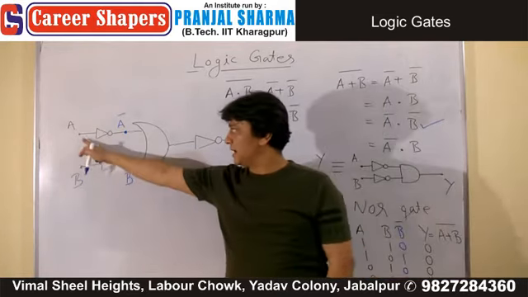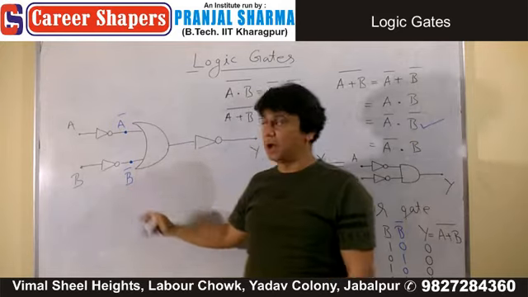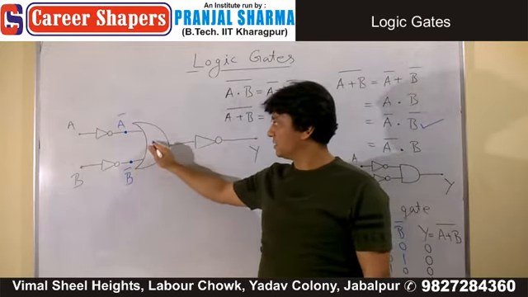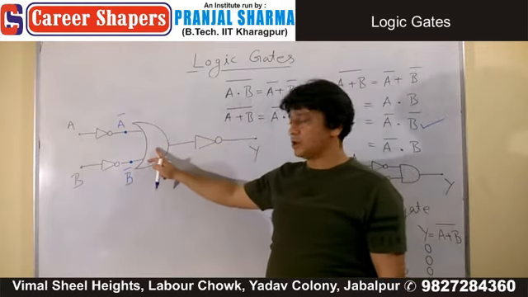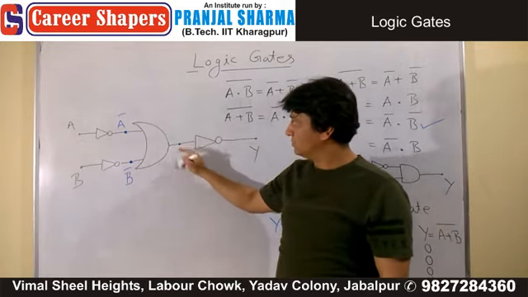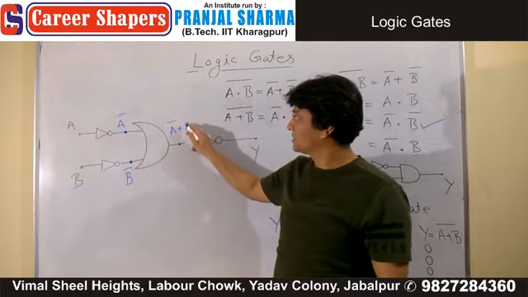So, A becomes A bar, B becomes B bar. What is this? This is your OR gate. I'm not writing OR. This is the NOT part. Remember, this is your OR gate. The moment you reach here, it becomes A bar plus B bar.